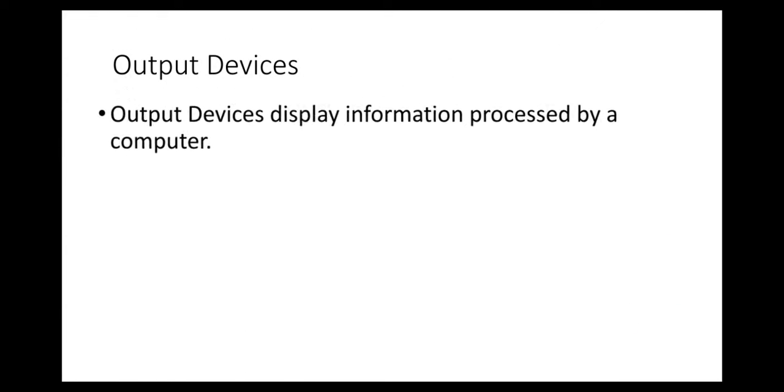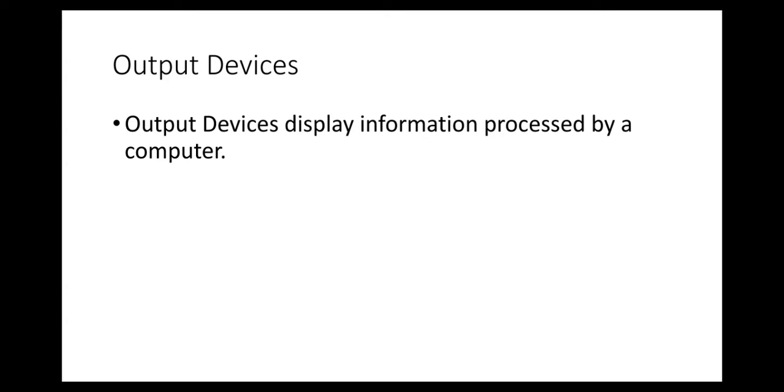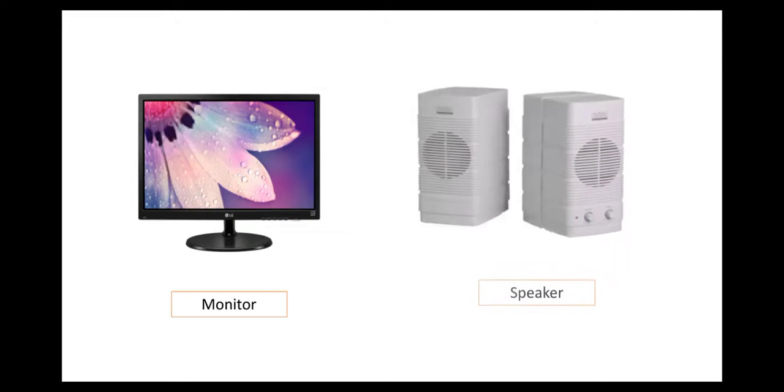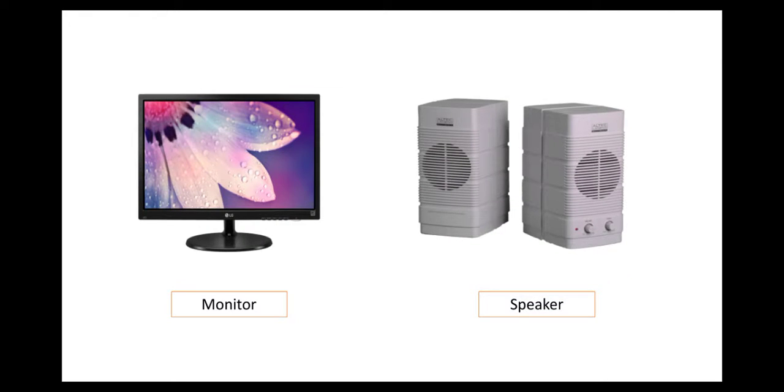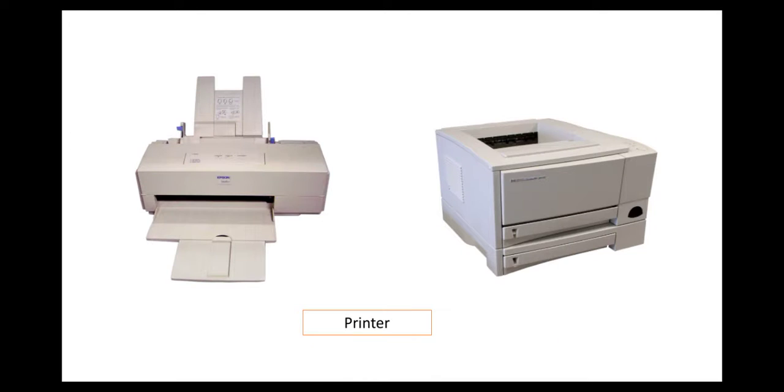Output devices display information processed by a computer. Here are some examples of output devices: monitor, printer and plotter. The monitor displays the information that we can see on the screen, and the speaker gives us sound. It is also an output device. The printer is also an output device.